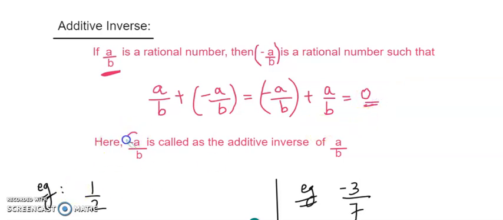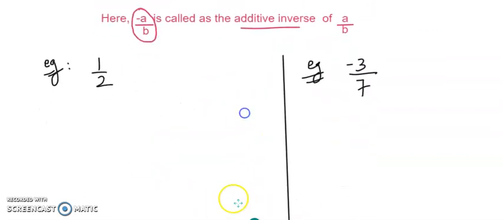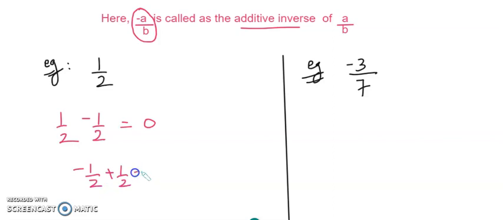So negative a by b is called the additive inverse of a by b. Or you can say the other way around: a by b is the additive inverse of negative a by b. So only the sign changes. So half, which number is the additive inverse? Just put a minus sign. So when you add half with minus half, you get 0. Or minus half plus half, you'll get 0.